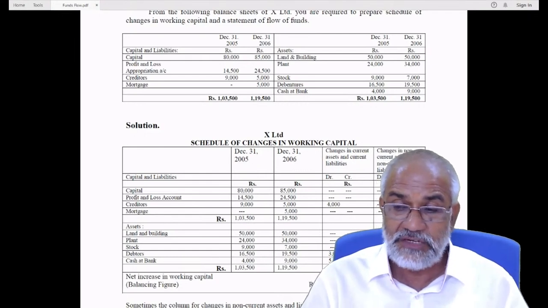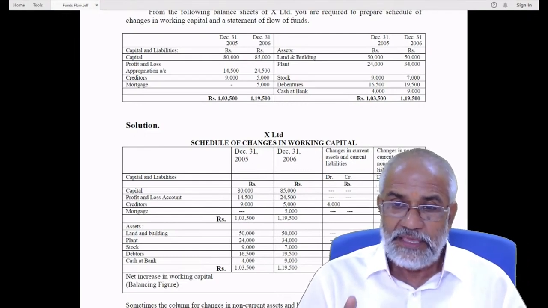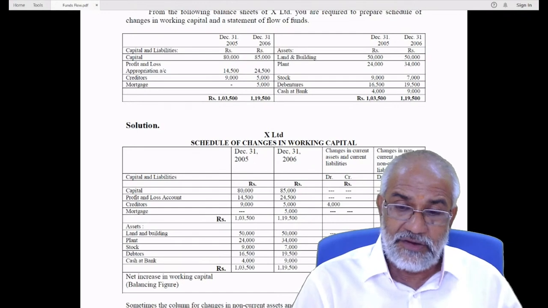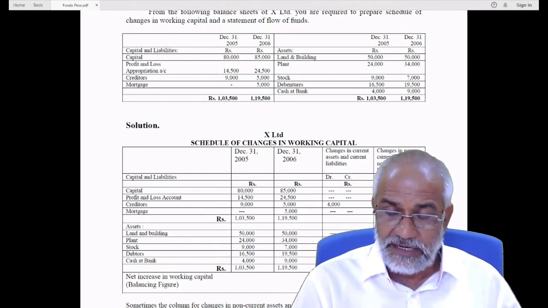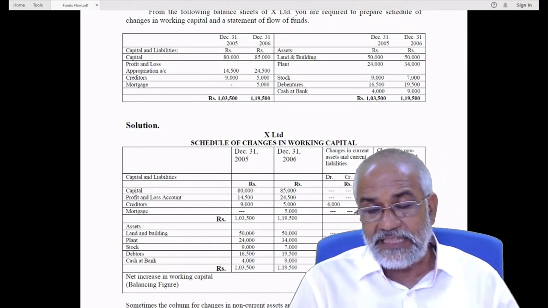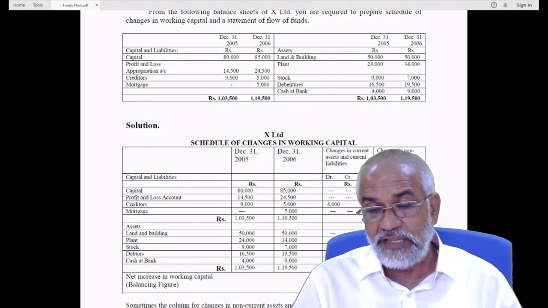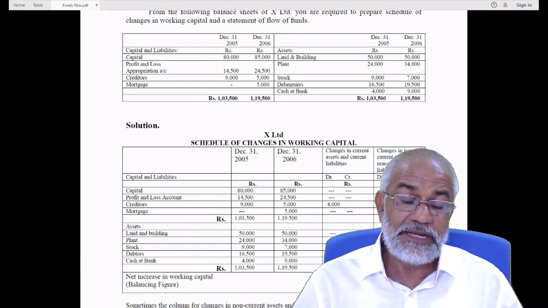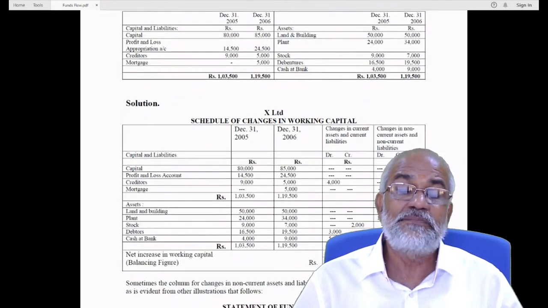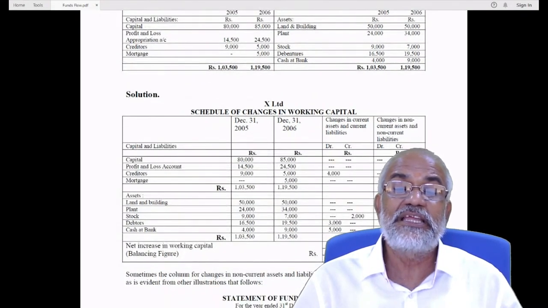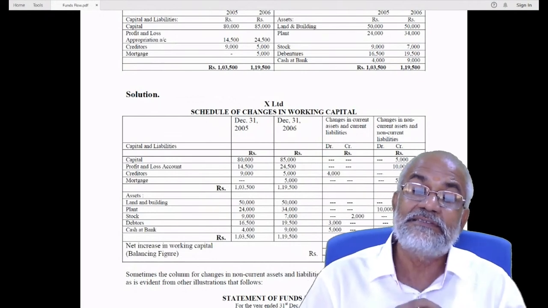Here the same 10,000 figure is coming as the balancing figure in the current category in the credit column, and the same 10,000 is coming in the non-current category, but in the debit column. So thereby you can ensure that the preparation of the statement of changes in working capital is fairly all right.